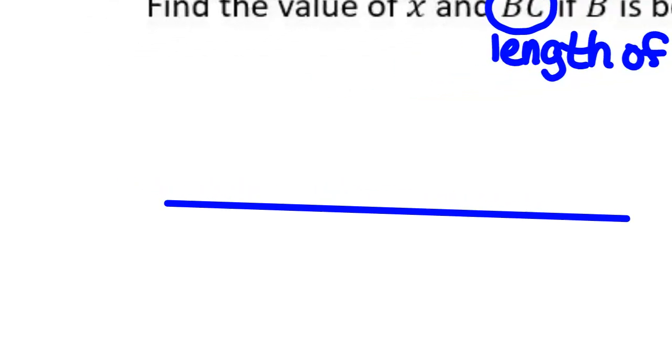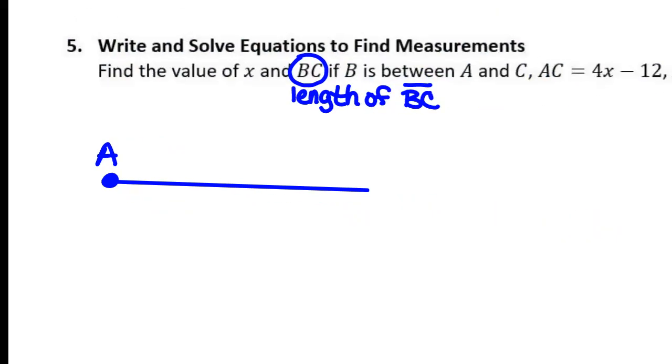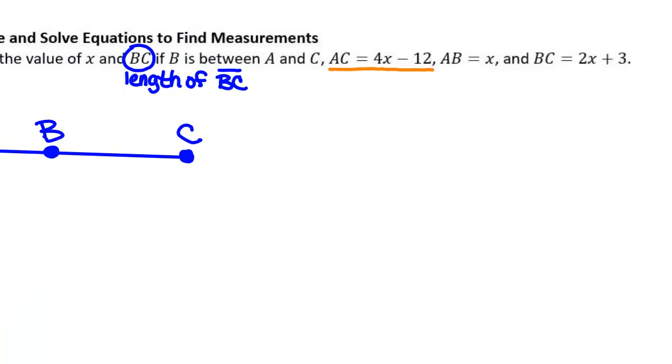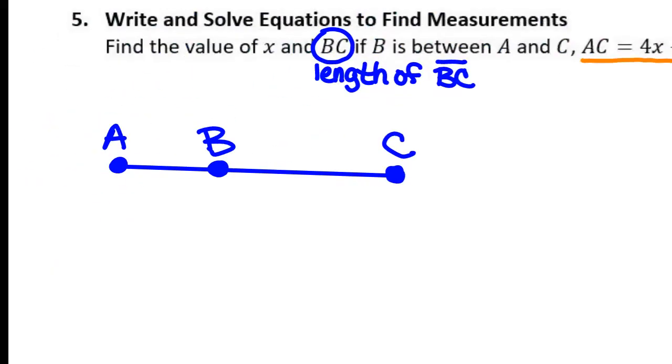It says that B is between A and C. So I have A on one end, I have C on the other end, and point B is somewhere in between them. We're told over here that AC is 4x minus 12.